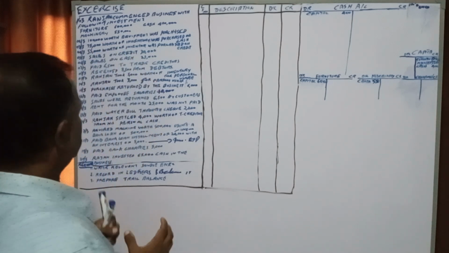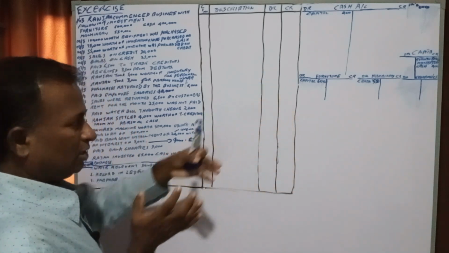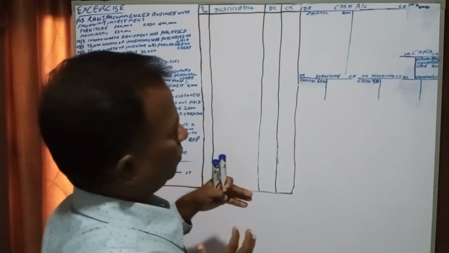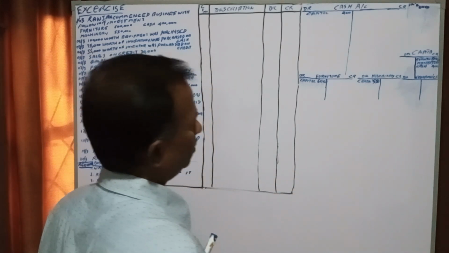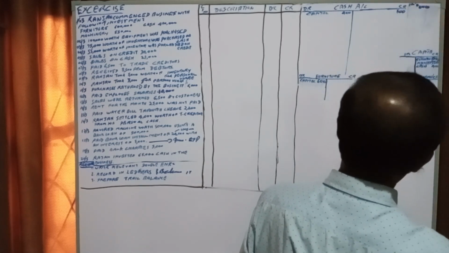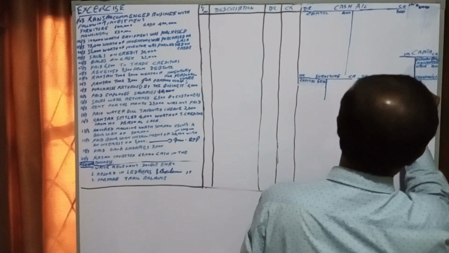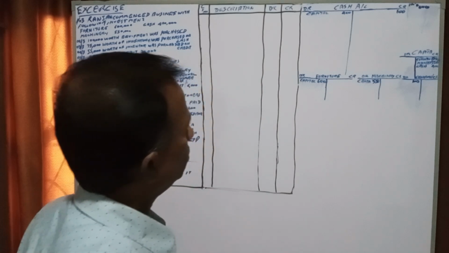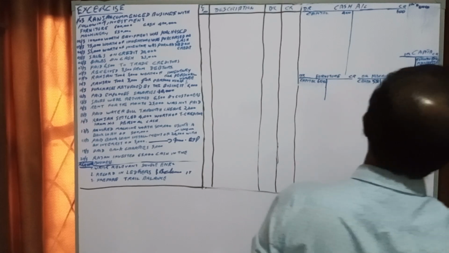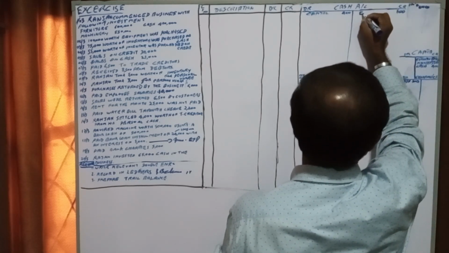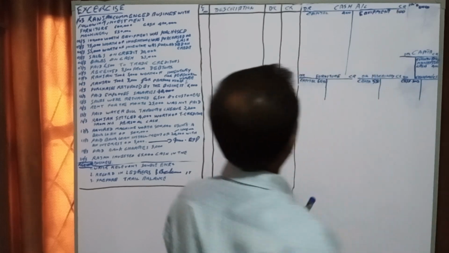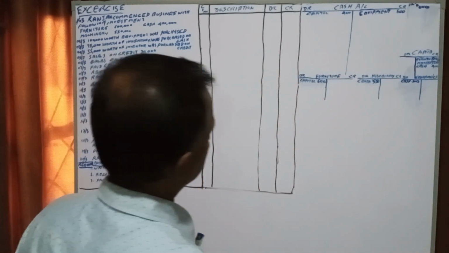Because 100,000 worth of equipment is coming into the entity, and 100,000 worth of cash is going out of the entity. So the reference here will be cash, and here the reference will be equipment. That double entry is correct and complete.